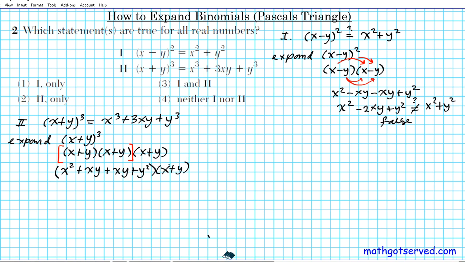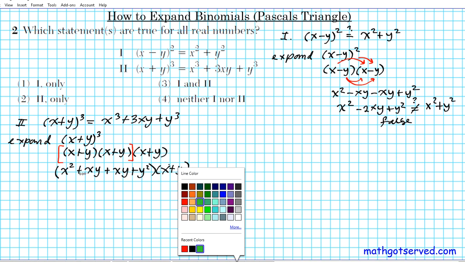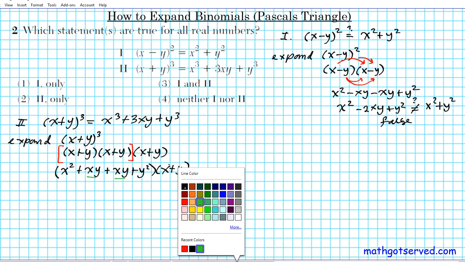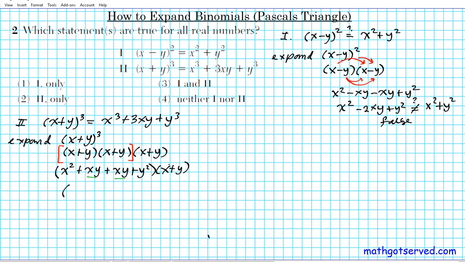Then we can combine the middle terms here, positive xy and positive xy. When we combine those, we are going to have x squared plus 2xy plus y squared times x plus y. Now we're going to multiply this trinomial with this binomial here.